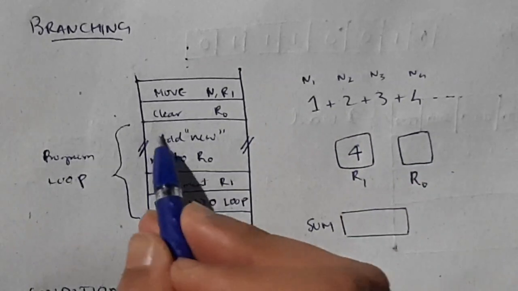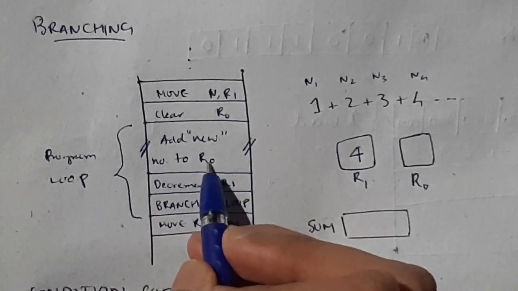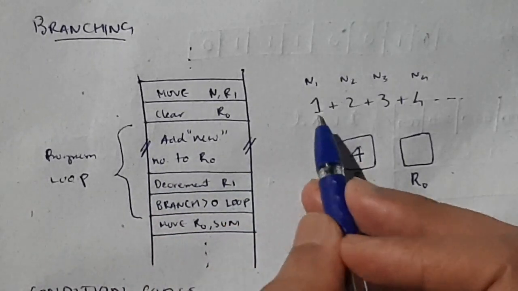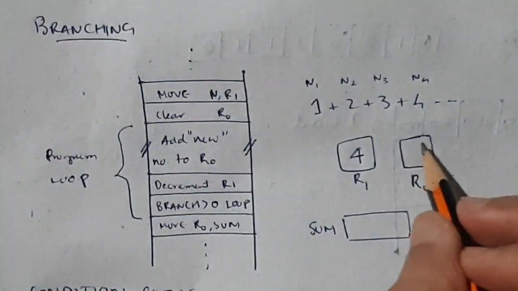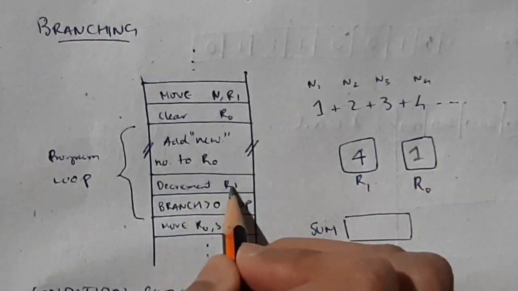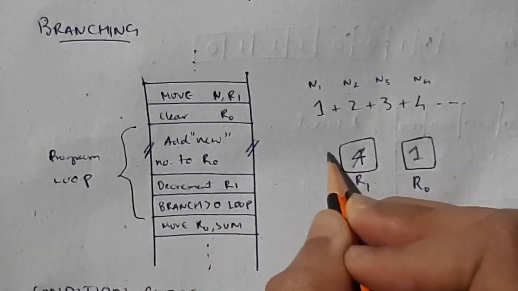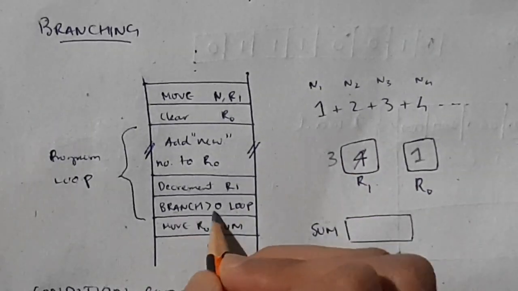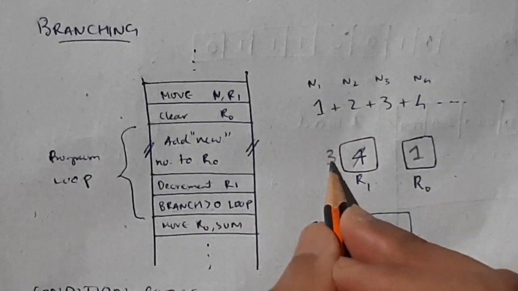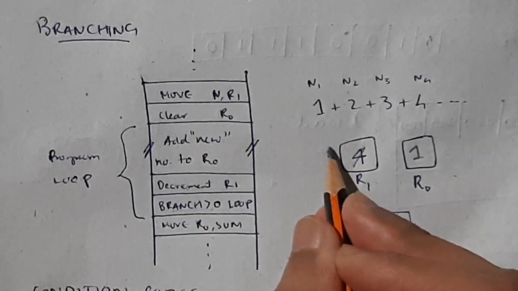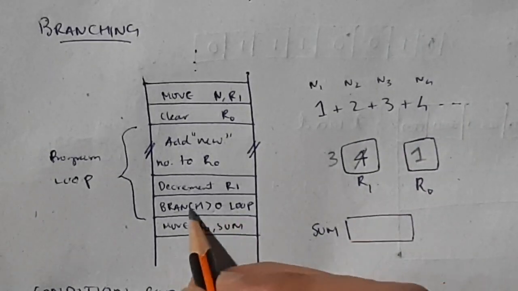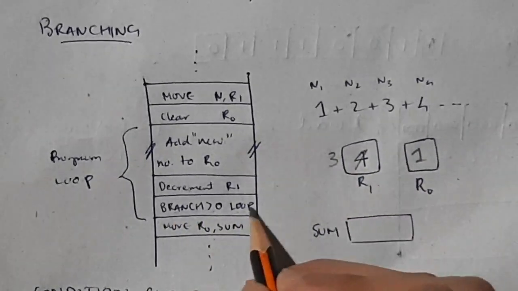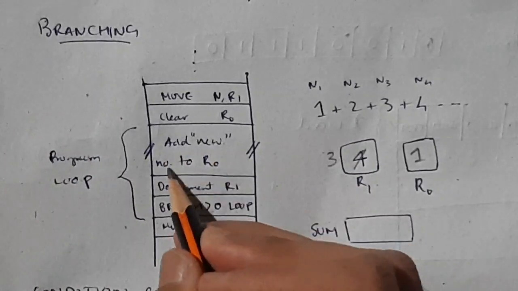Then next the program starts from here. Add new number to R0, means this is the first number, 1 will be added here. Next decrement R1, this is 4, this will become 3 now. Now branch if greater than 0, means R1 should be greater than 0. If it turns out to be 0, means all the numbers have been added by then. So loop: if it is greater than 0, go back here and add a new number to R0.